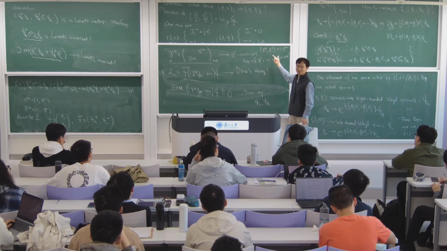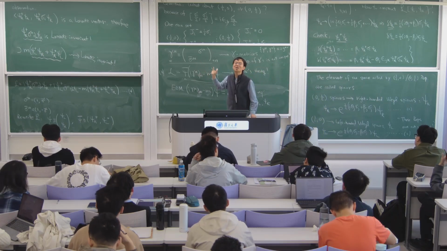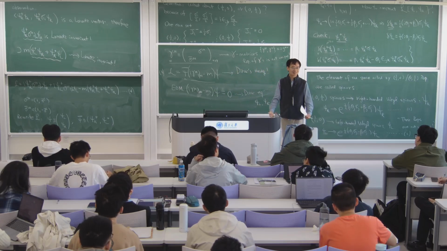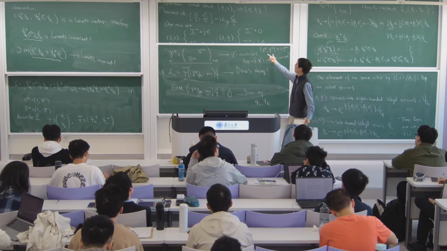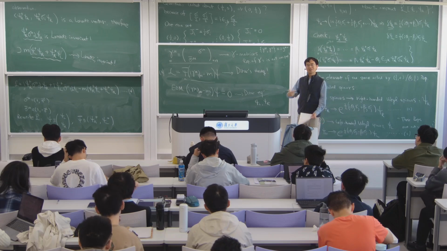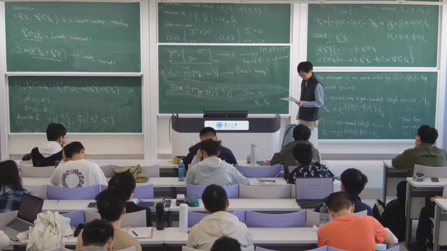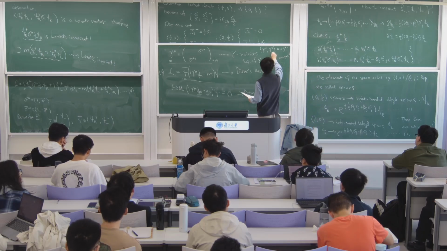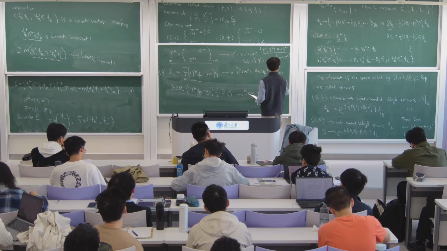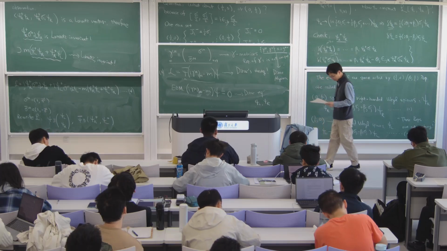You should view this relation as more fundamental than some explicit form of the gamma matrix, meaning there could be other explicit forms to represent the gamma matrix. All of them should satisfy such relations. That's why we use such a relation to define the gamma matrix. This is called the Dirac algebra.